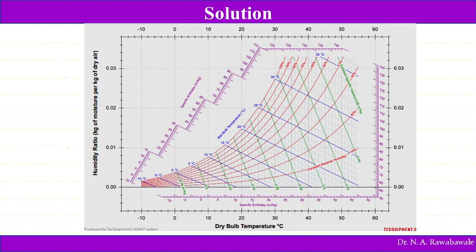From here, 11 degrees Celsius somewhere here, point 1 we can mark, whereas the dry bulb temperature of the heating coil is 41 degrees Celsius, point 3. Then we have the dry bulb temperature of 28 degrees Celsius, exactly above this, point 2. So 1, 2, 3.